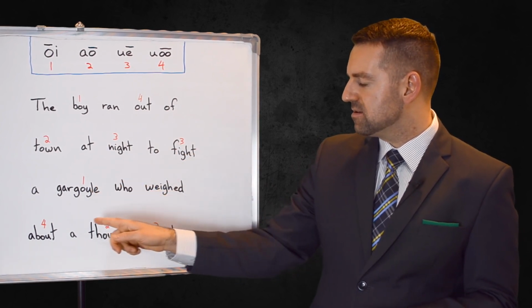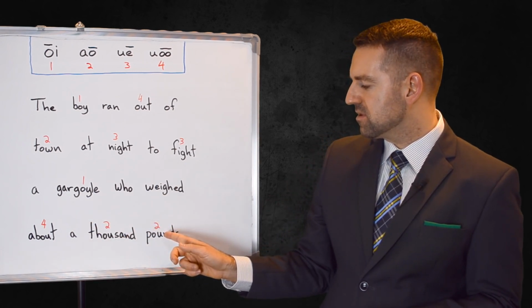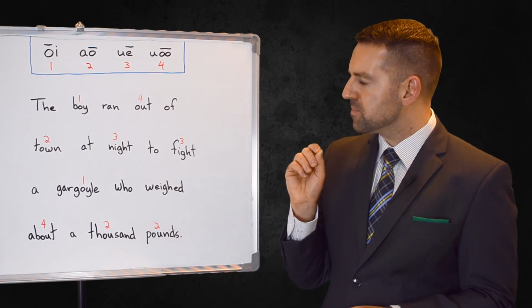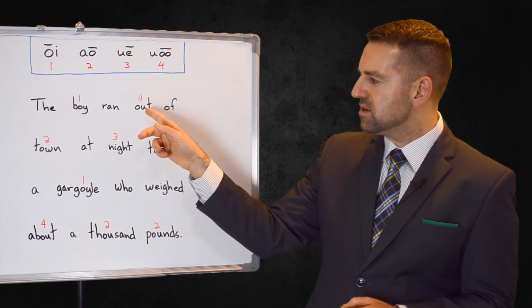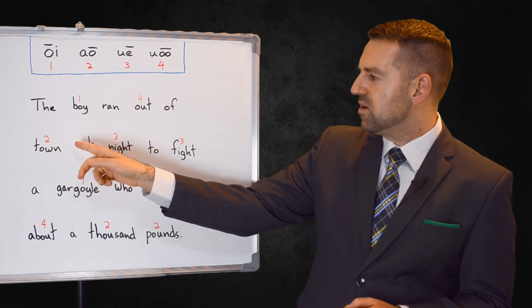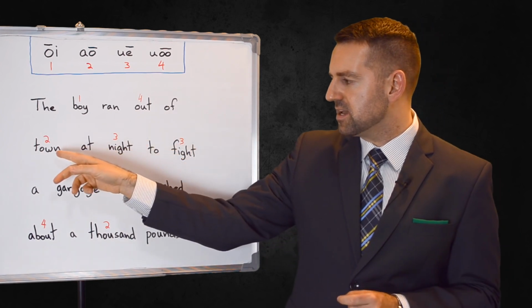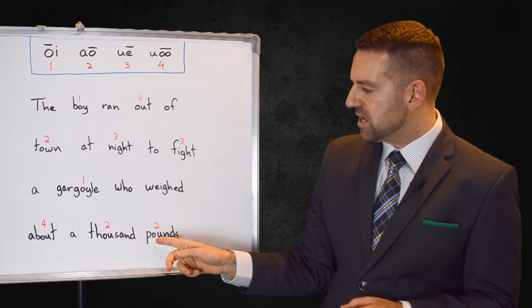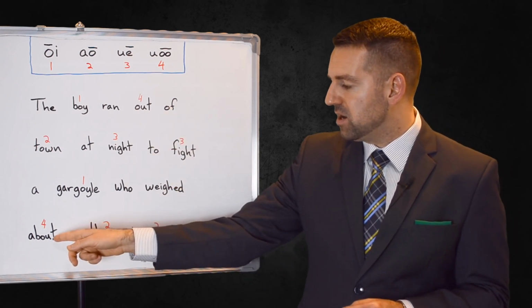Now you probably are wondering, when do Canadians use this sound and when do they use this sound? What's the difference between ow and ow? Because Canadians say town and we say thousand and pounds, but we say out and about.